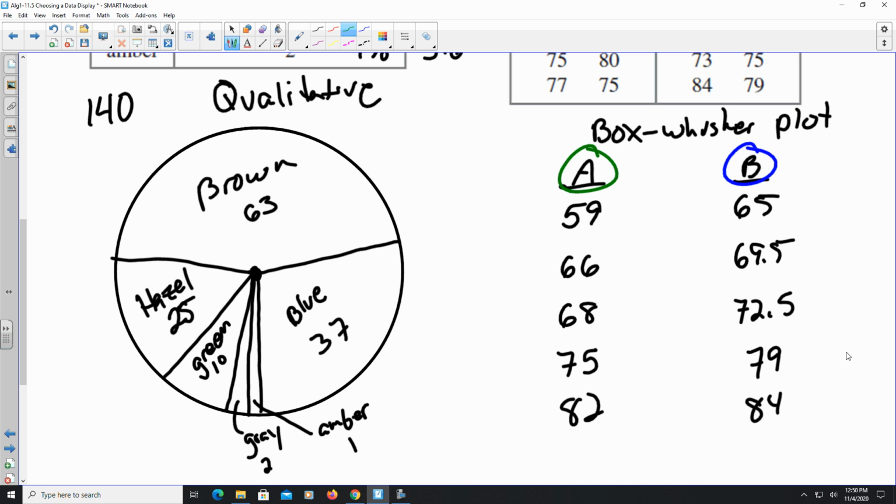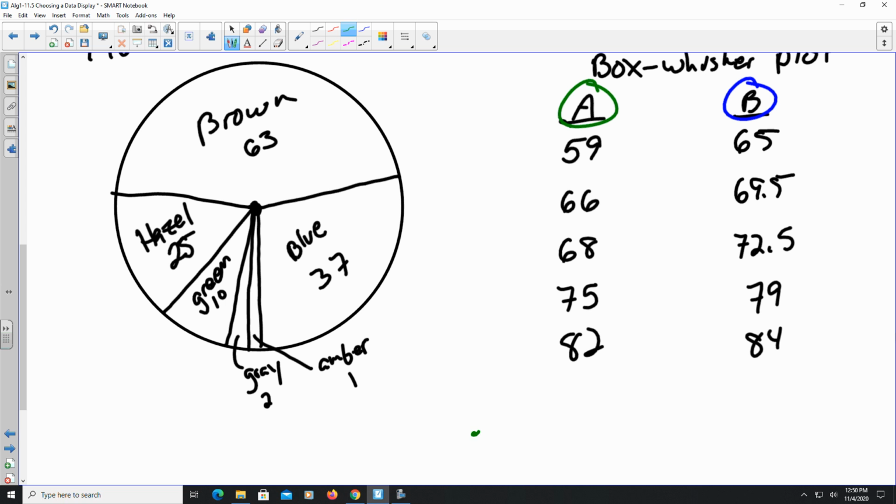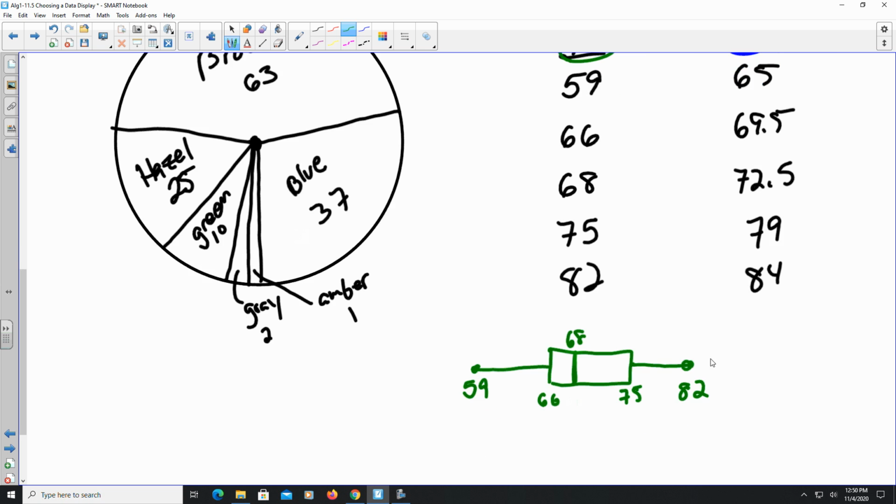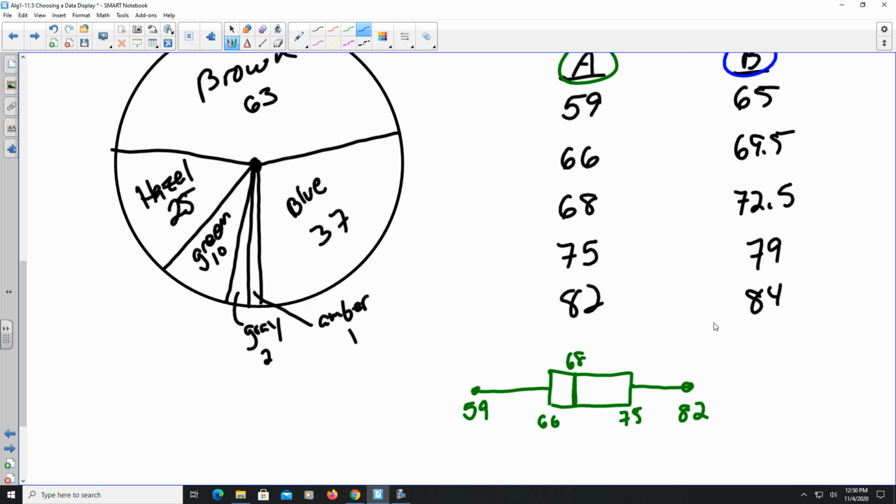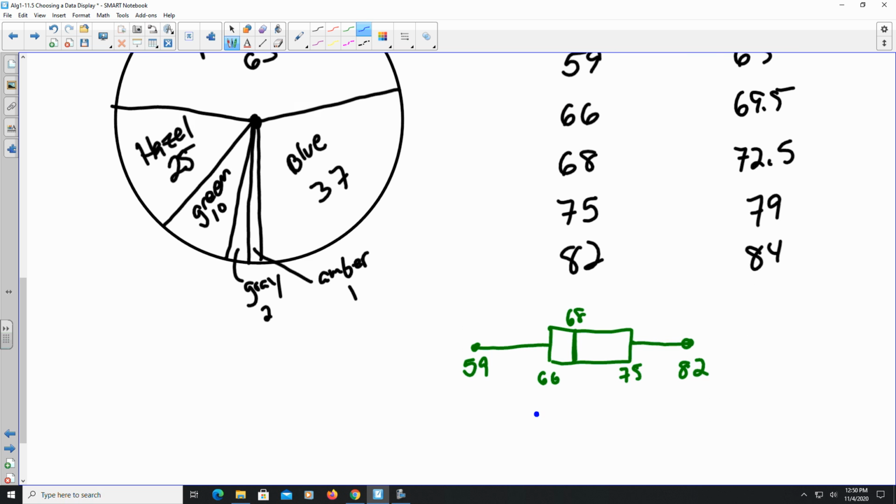If I went to the green, here's 59, and then there's 66, 68 is probably right about there, this is 75, and we got about 82. So that's A. Now if we looked at B, 65 would be right about there.